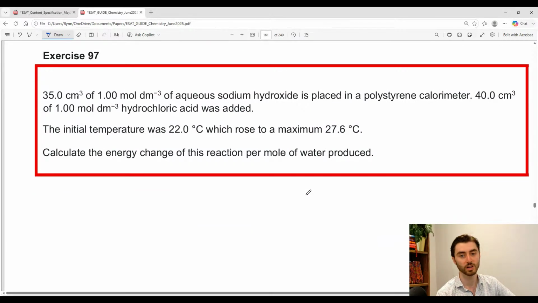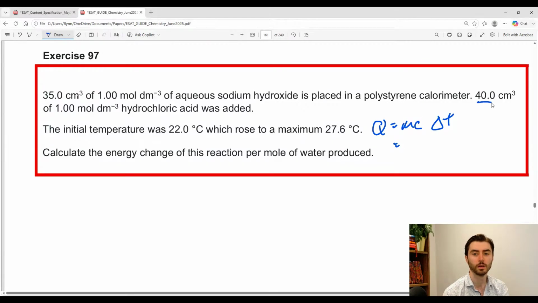So for instance, let's talk about this. Q equals mc delta T. So that's the mass of the water. The total mass of water is 75. And it's 4.2 joules per gram per centimeter cubed in chemistry. That's 4,200 in physics.